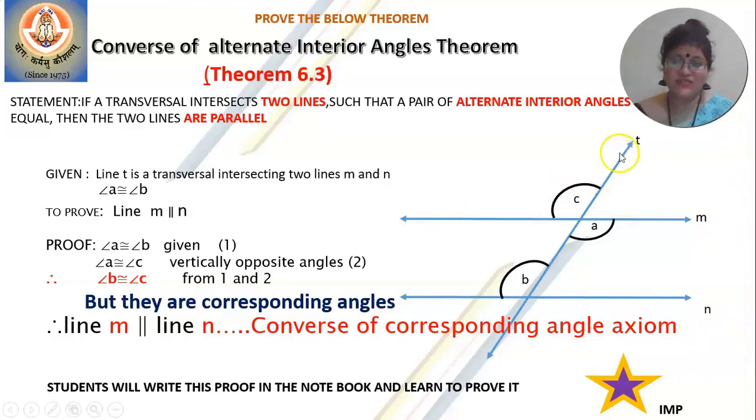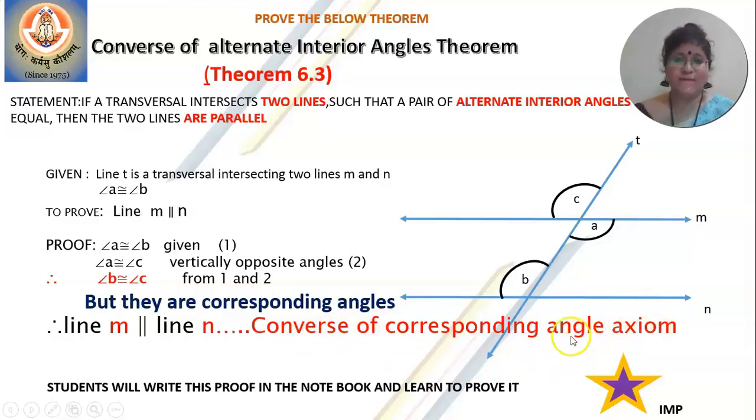When a transversal intersects two lines, and if a pair of corresponding angles is congruent, then those lines become parallel. So which theorem or which axiom have we used in this? We have used the converse of the corresponding angle axiom.